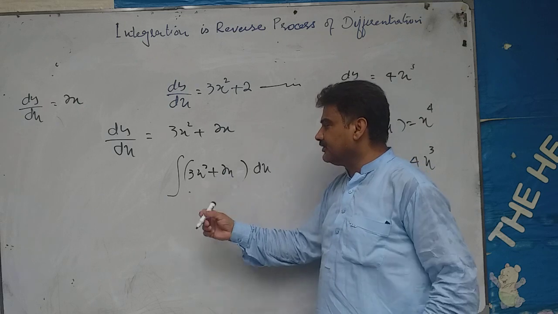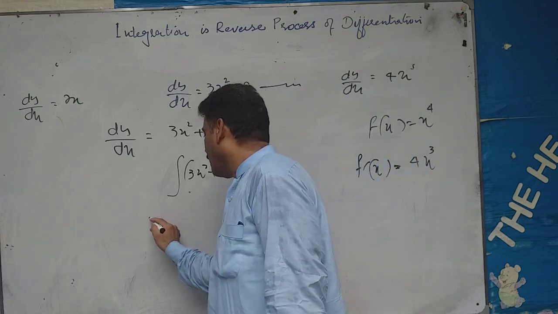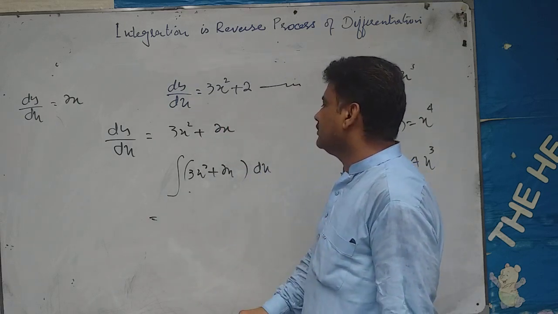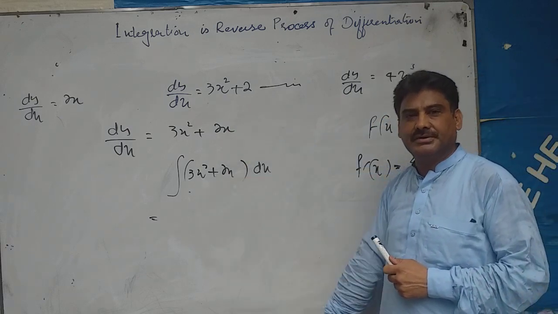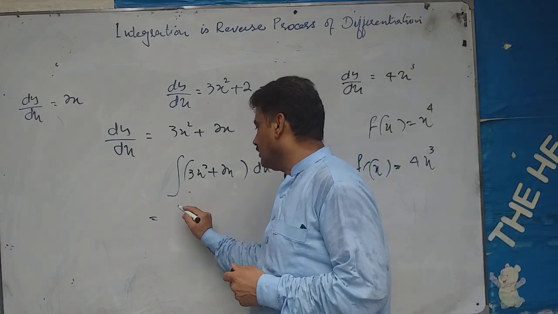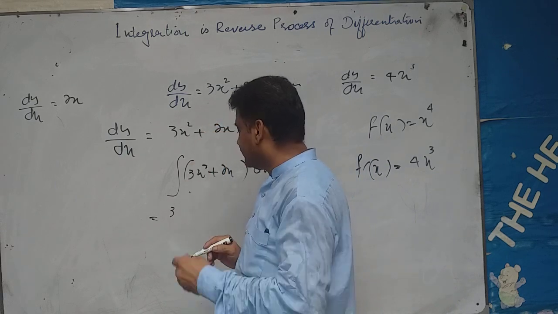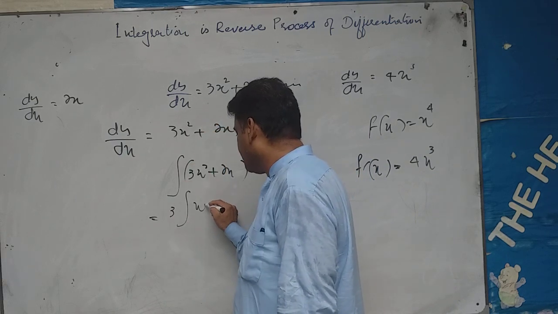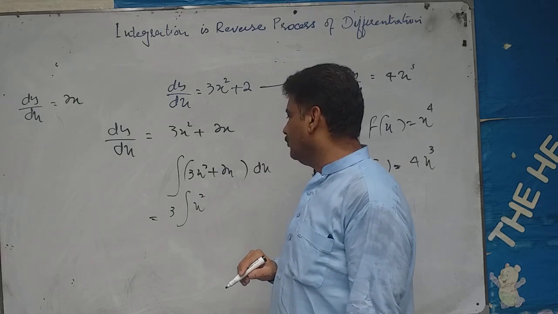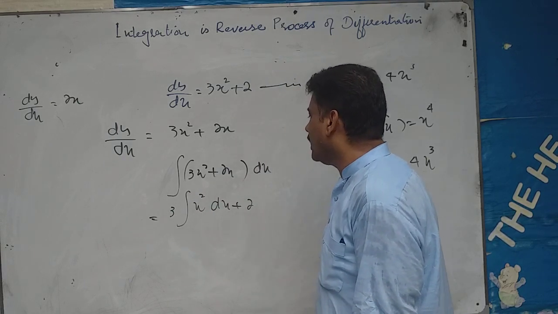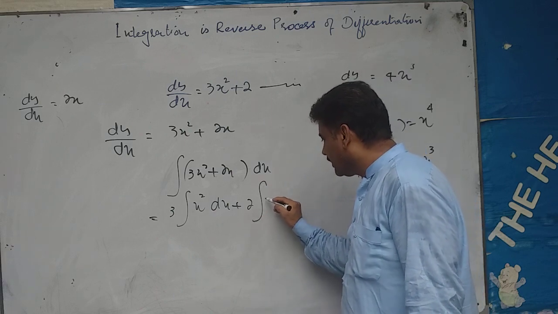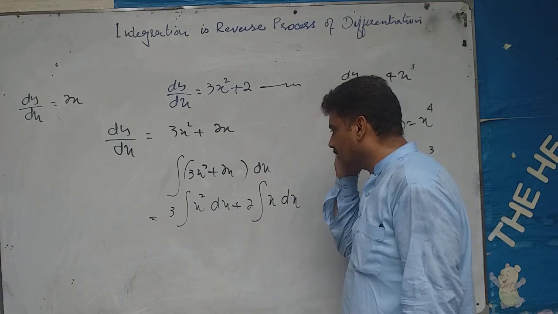How do we integrate this? We have to apply the reverse process of differentiation. We take 3 as a constant. We integrate x squared dx, plus 2 again as a constant, integral of x dx.